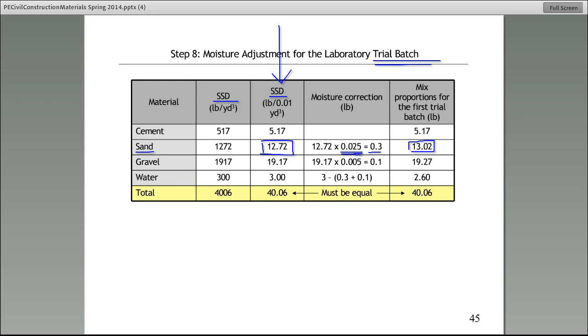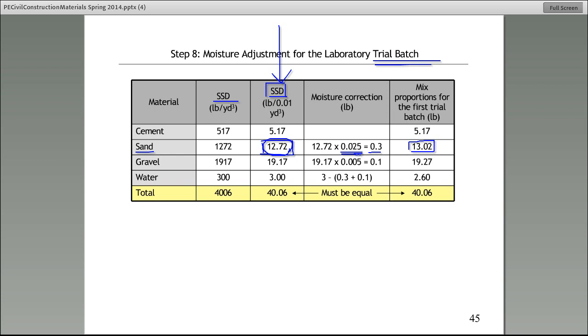Guys, our calculations based on saturated surface dry condition require 12.72 pounds of sand. So in the final mix, we need to have 12.72 pounds of sand. But this sand we're using is wet.